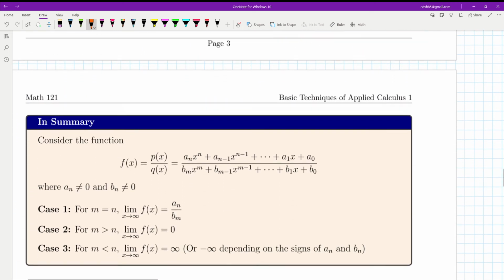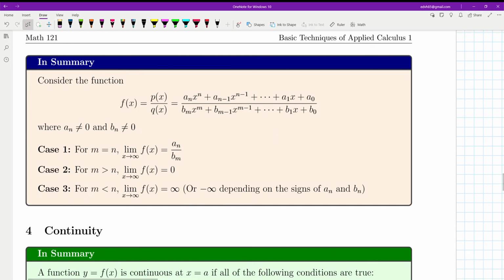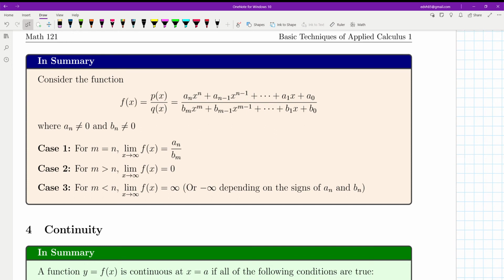And this summary right here might be very, very reminiscent of what you did in college algebra. When you have a polynomial function of the form, again, I'm repeating this, p of x over q of x, but I'm giving them a better identity to each polynomial here. These are polynomials with preferably integer coefficients, or could be fractions, that's fine.